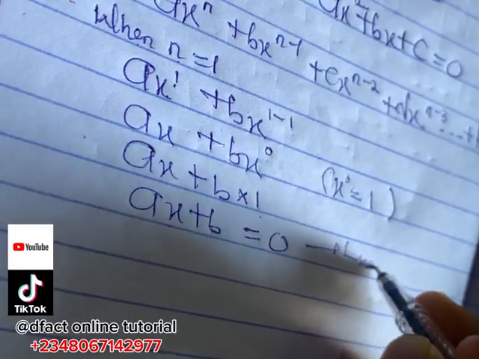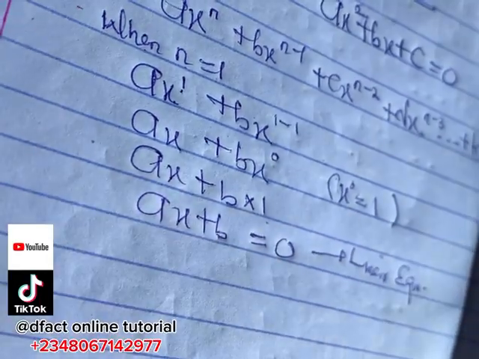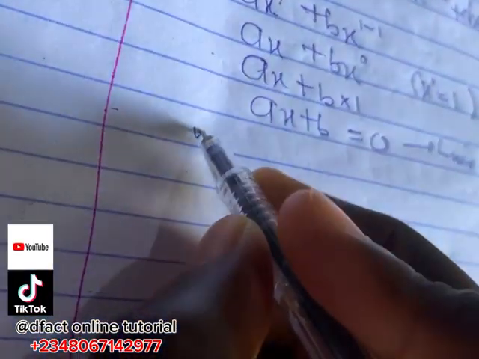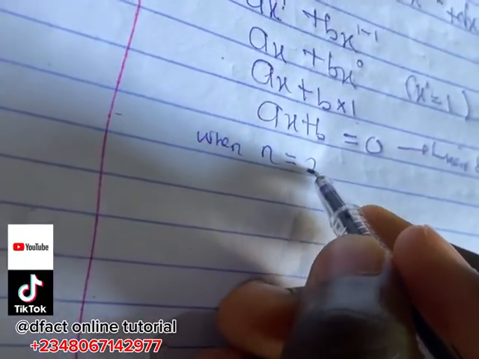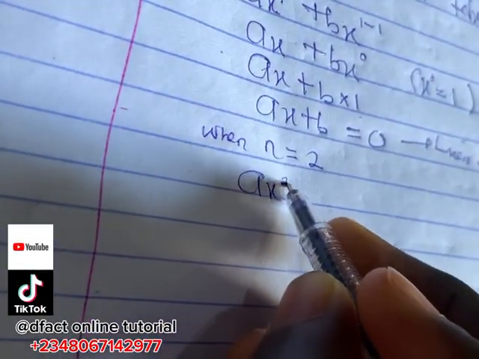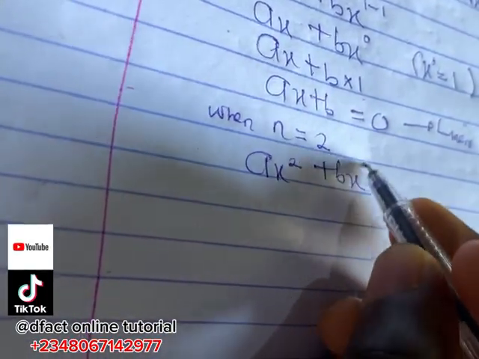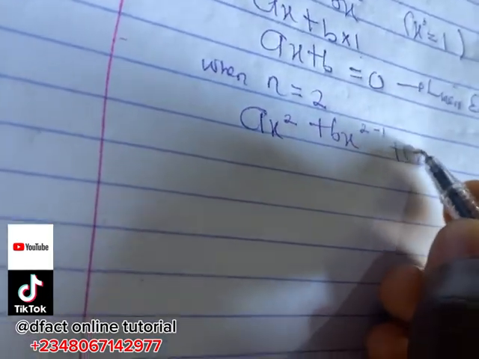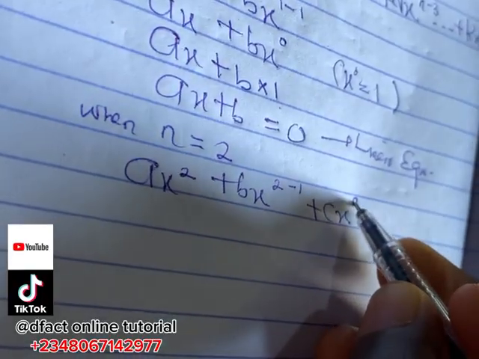Now, that is the linear equation. In this case, when n is equal to 2, let's substitute into this given series. We have ax raised to the power of 2 plus bx raised to the power of 2 minus 1 plus cx raised to the power of 2 minus 2.